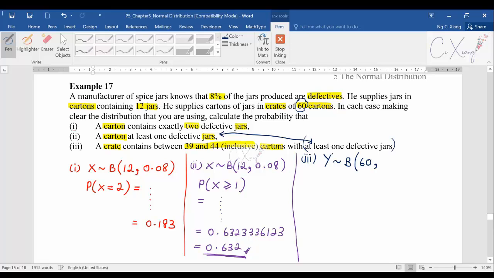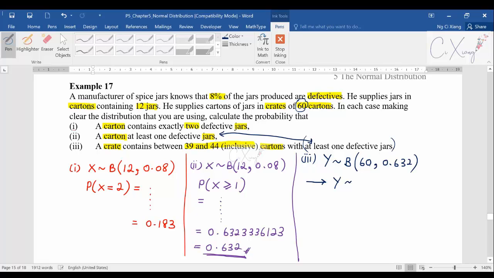Okay, so what I have here is you should use the probability that you got just now and put it here, 0.632. Yeah, and if you look at this question itself, n is more than 30.